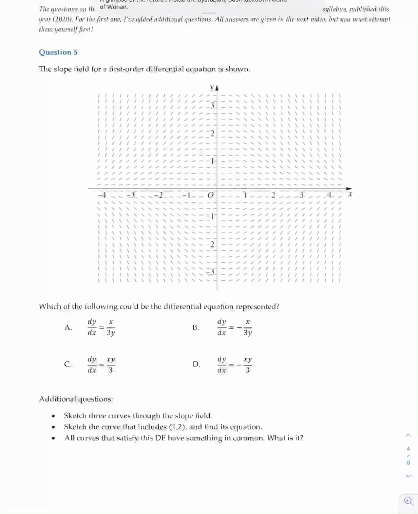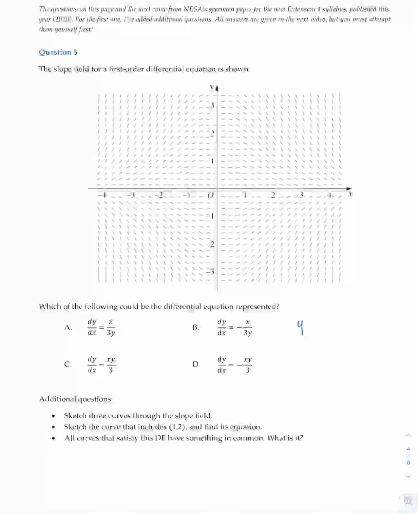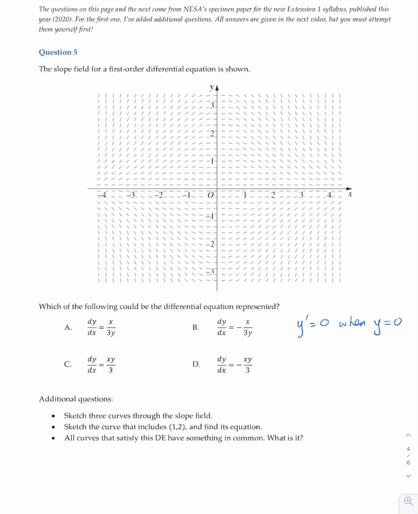It seems pretty obvious from the graph that y dash equals 0 when y equals 0. That's just quite apparent. And so it must be C or D.